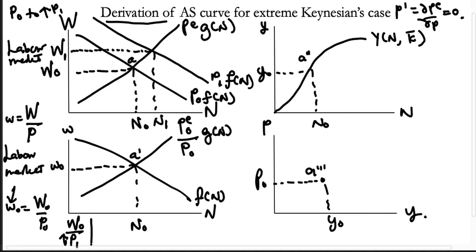So the whole thing here decreases, isn't it? You get what I mean? That means real wage should decrease from W0 to, let's say, W1. Alright?